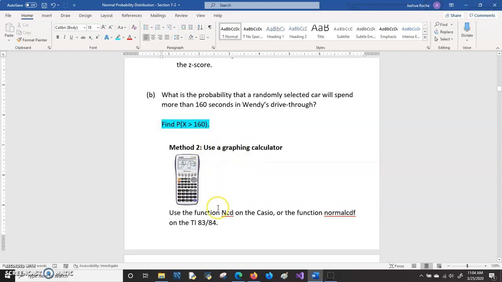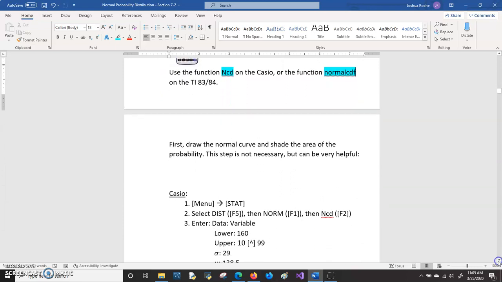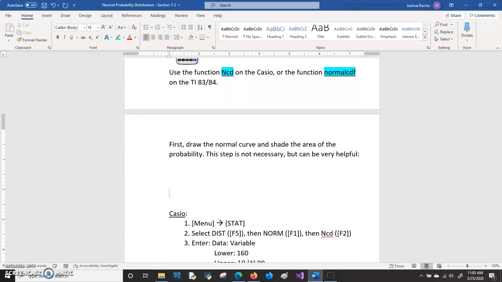One way to find this is using a calculator. Like before, you'll use NCD on the Casio, normal CDF on the TI-83 and 84. I'm going to draw a curve.